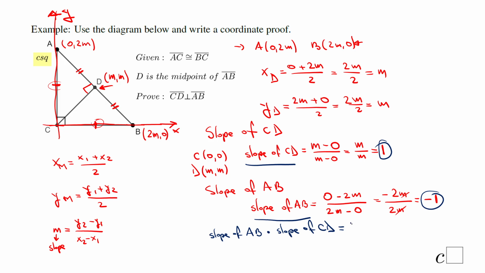We have 1 times negative 1, which is negative 1. That is a way to prove these segments are perpendicular. So that will be my final step here: segment CD is perpendicular to AB. Why? Because the slopes are negative reciprocals. The product is negative 1.